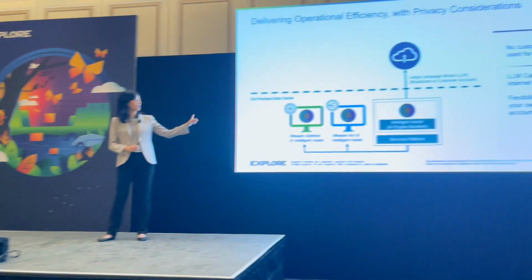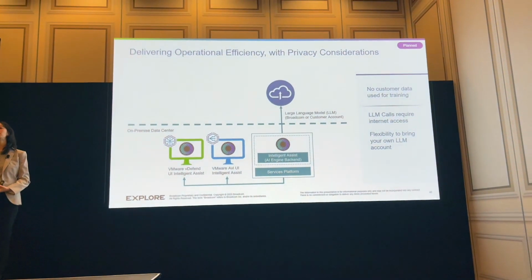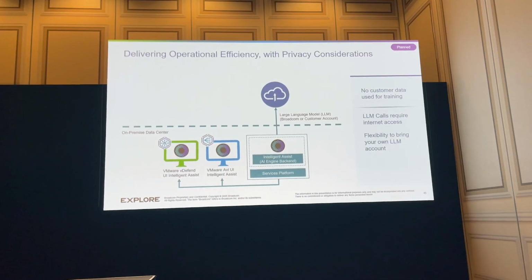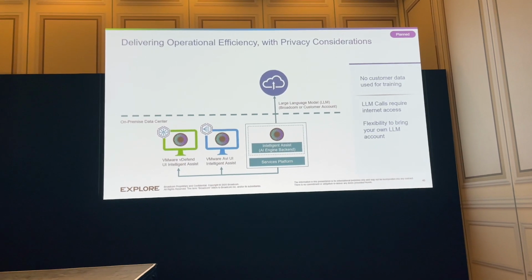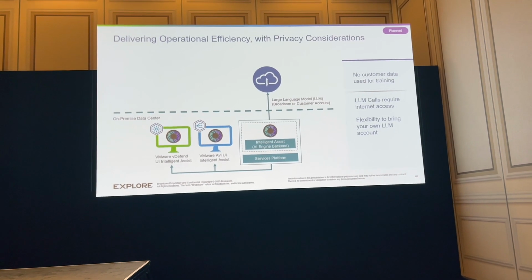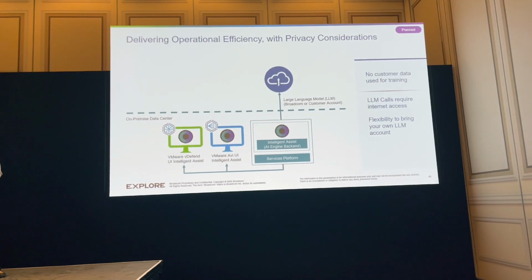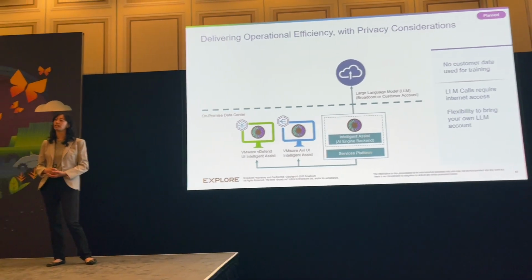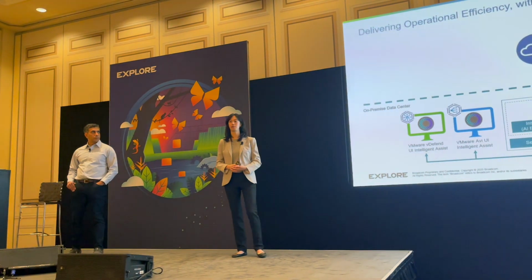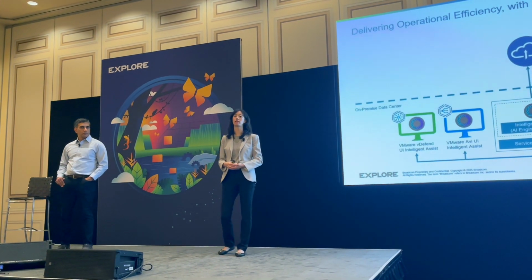So what we have here is the services platform, and on the services platform, we've installed the Intelligent Assist as our AI backend on it. And we are leveraging a large language model that is running in the cloud for this initial first demonstration.